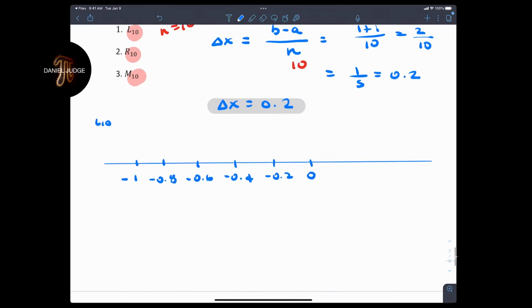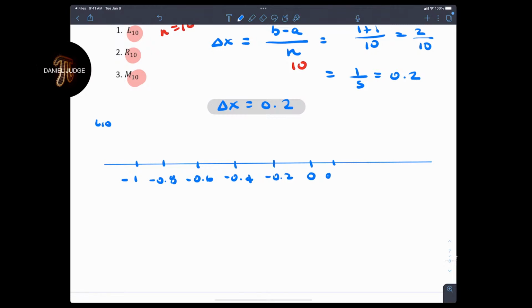And as you can see, we're going to need more and more points here. So this will be 0.2, 0.4, 0.6, 0.8, and 1.